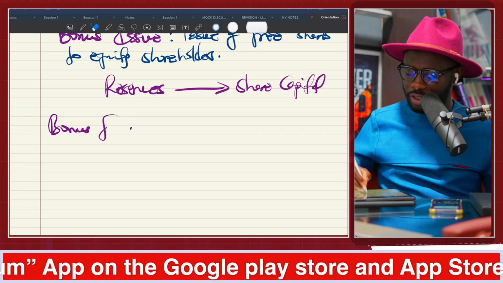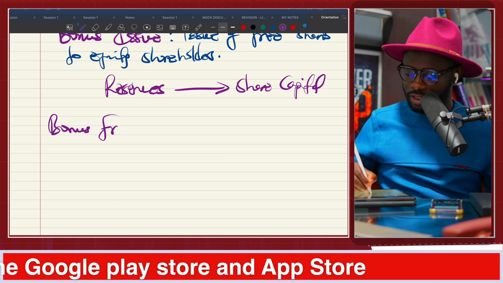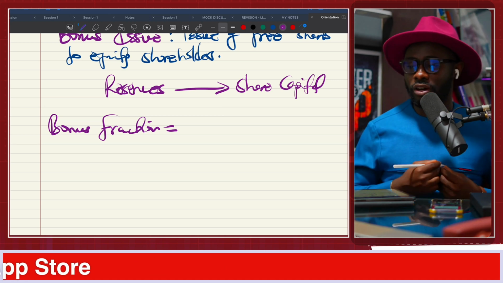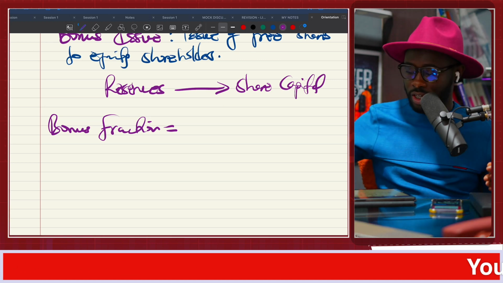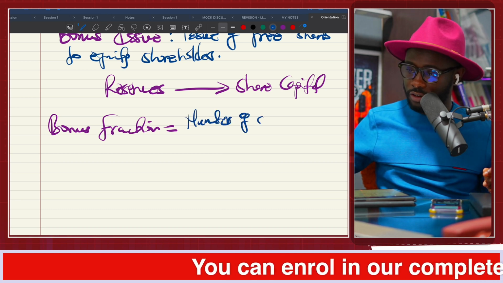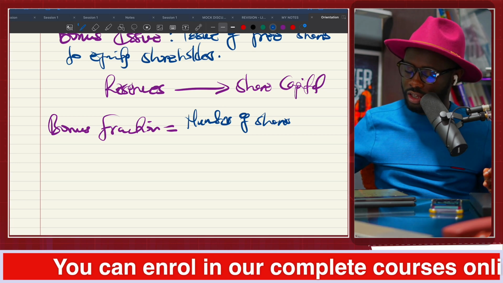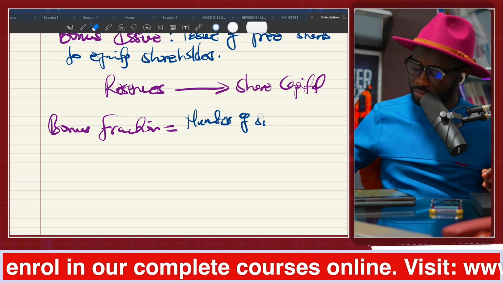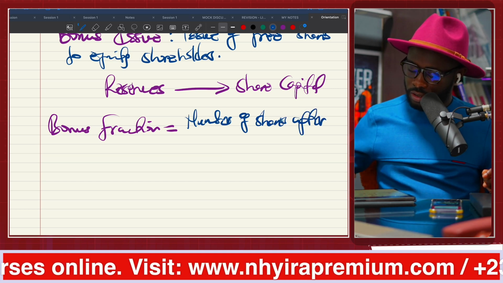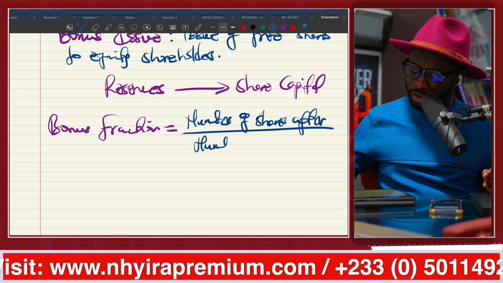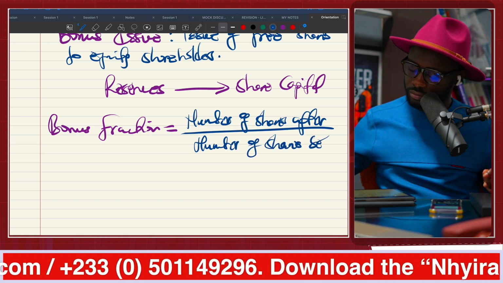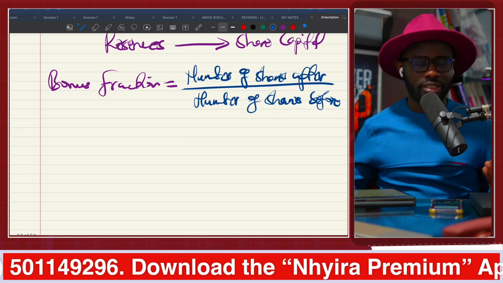So how do we calculate the bonus fraction when there is a bonus issue? The formula is pretty simple. It's going to be the number of shares after the bonus issue divided by the number of shares before the issue. What does that mean? Let's give an example.